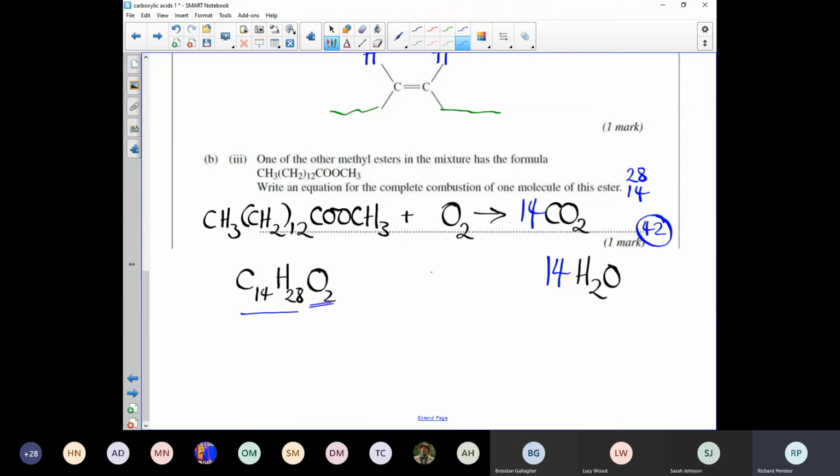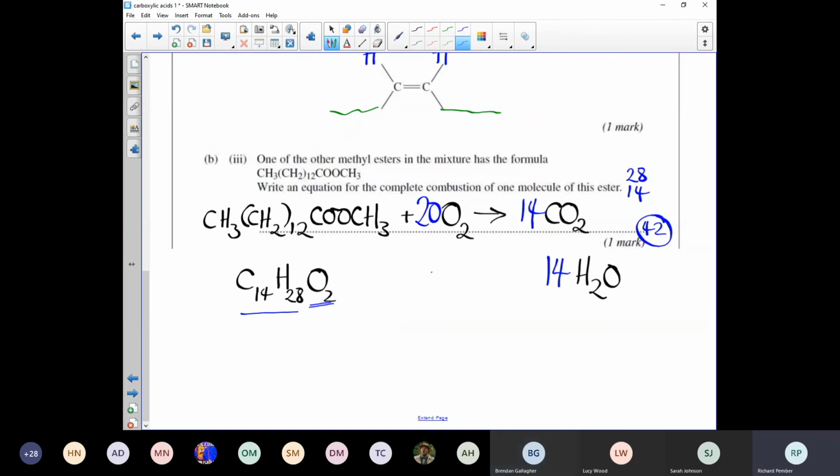Remember, I've got 2 oxygens in my ester, so this needs to account for 40 oxygens. Sorry, Richard, have you got 15 carbons or 14?